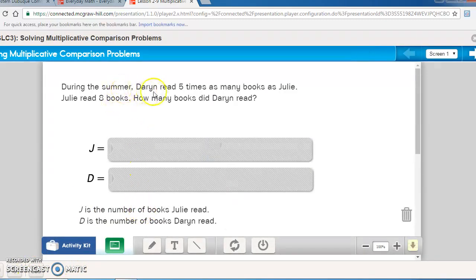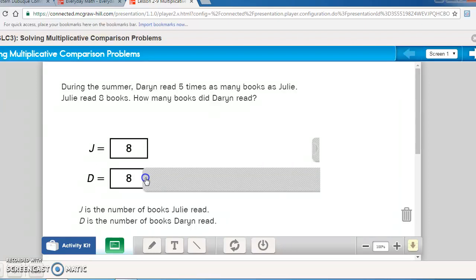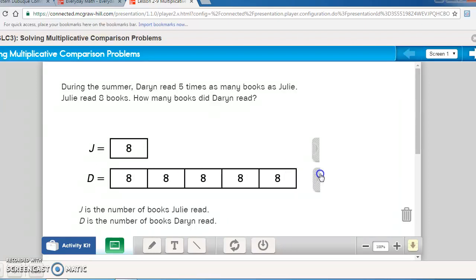During the summer, Darren read 5 times as many books as Julie, and Julie read 8 books. So how many books did Darren read? Well, let's take a look at this. Julie read 8 books. We know that. And Darren read 5 times as many. So hopefully you're realizing that we need to multiply by 5.